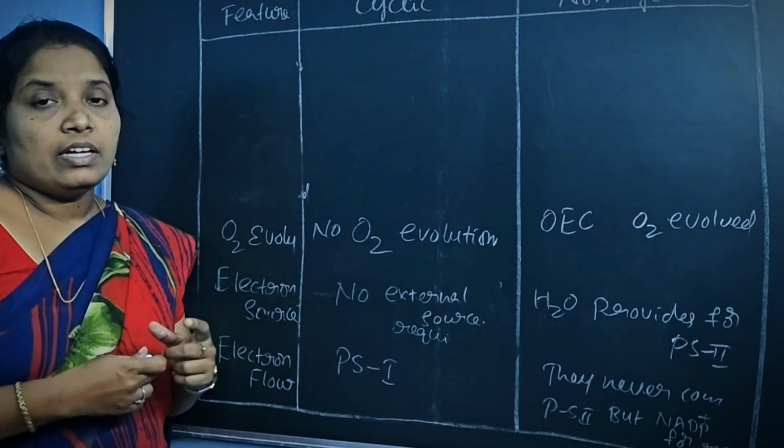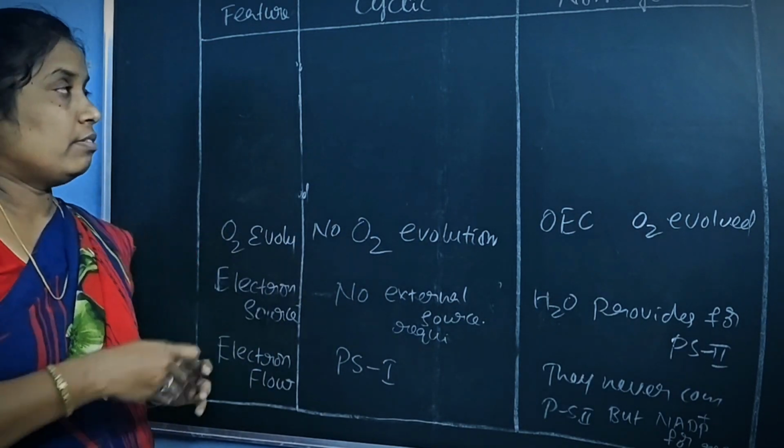So let's see the next difference: conditions required for the cyclic and non-cyclic electron transport chain.